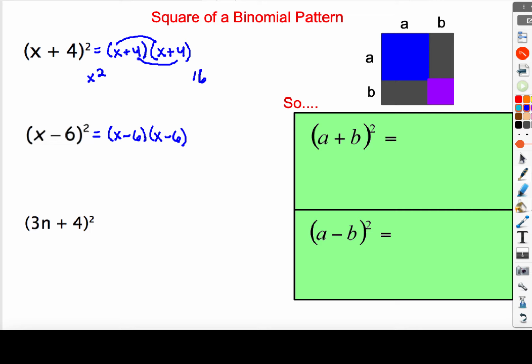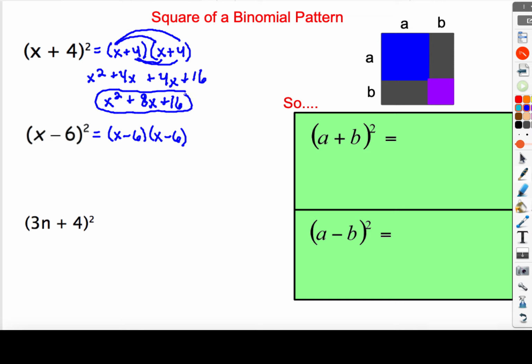But this time in the outside, we get a 4x, and on the inside, I also got 4x. So they're not going to cancel one another. They don't add and subtract to disappear. What happens is we actually double. 4x plus 4x is 8x plus 16.